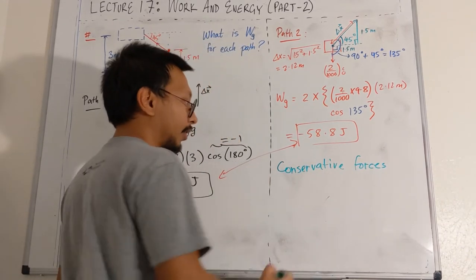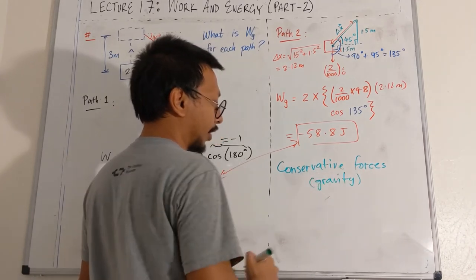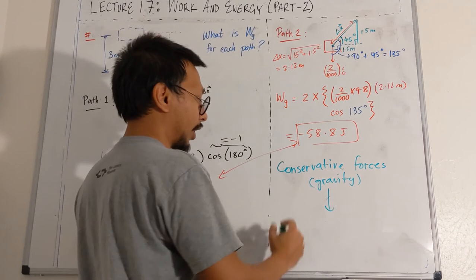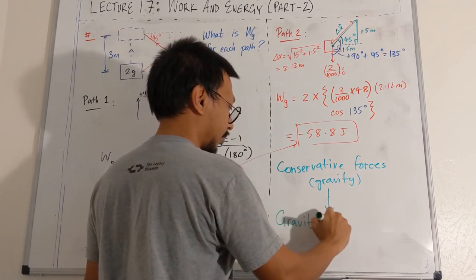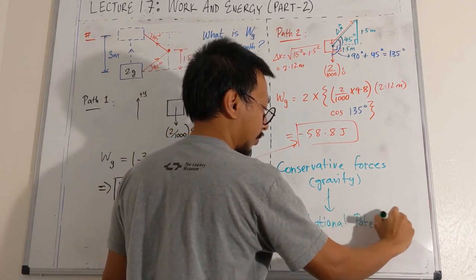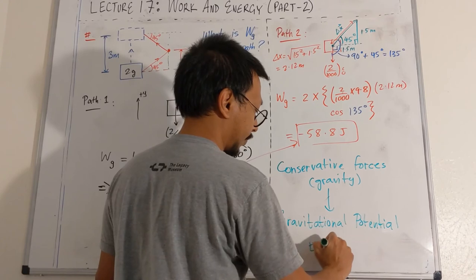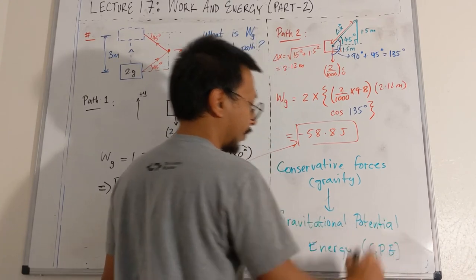So for gravity, the energy associated with it is known as gravitational potential energy, or GPE for short.